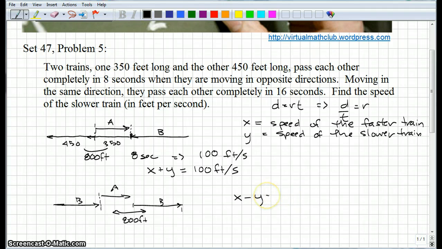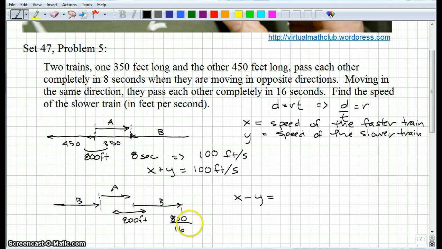So let's see, I guess we got to go back here because train B would have to travel 800 feet to pass train A completely, and it would have to do so in 16 seconds. So if we take 800 and divide it by 16, we actually get, what is that?